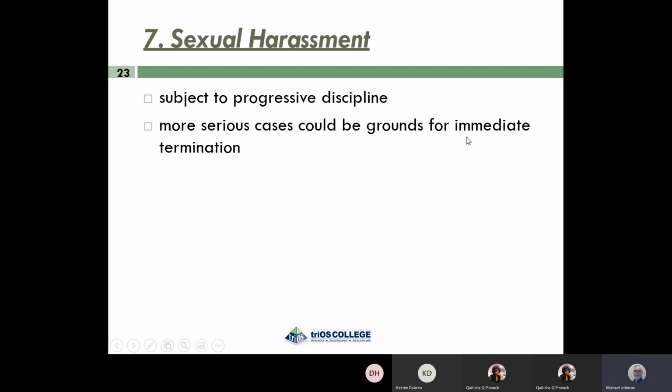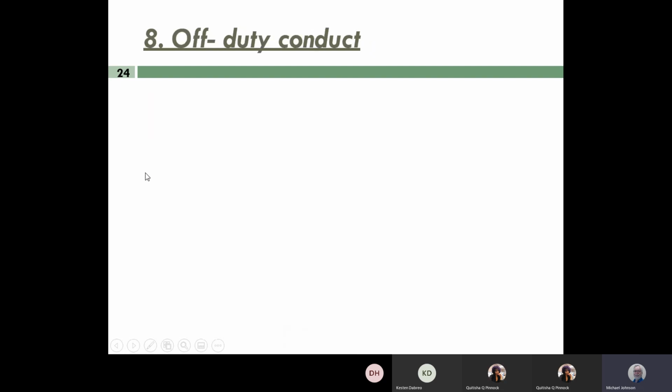More serious cases could be grounds for immediate termination. The only caveat here is that there must be an investigation, because you can run into serious legal issues if you point fingers at anyone. You've often noticed that when somebody is stealing or something of that nature, most employees cannot tell the person, you're a thief, you stole something.